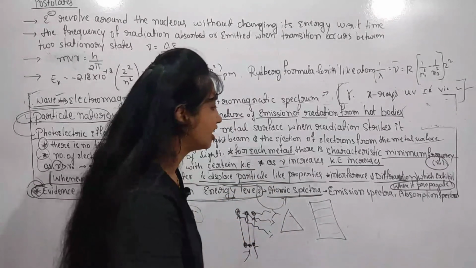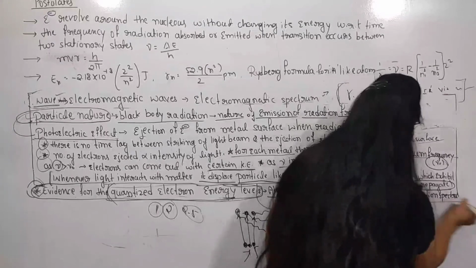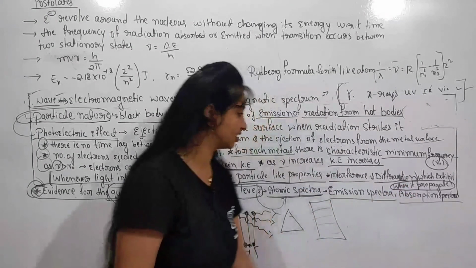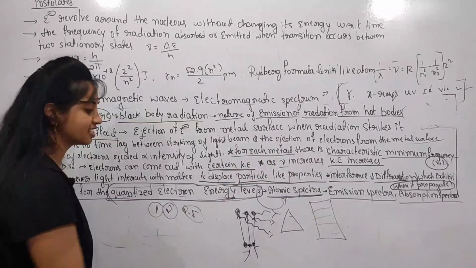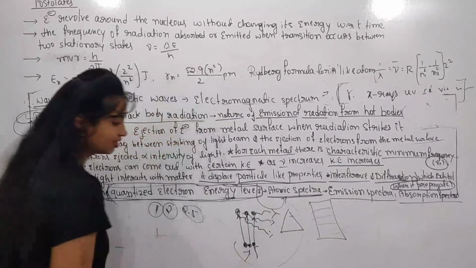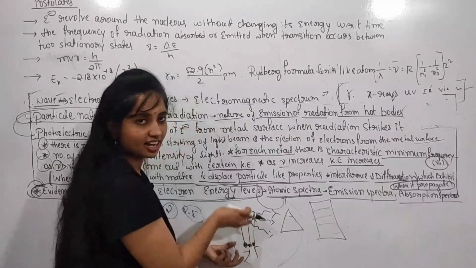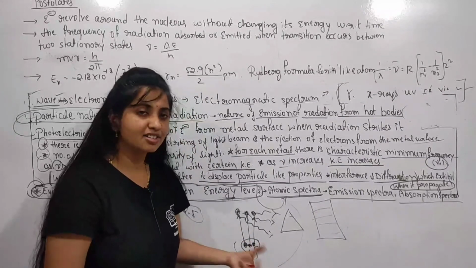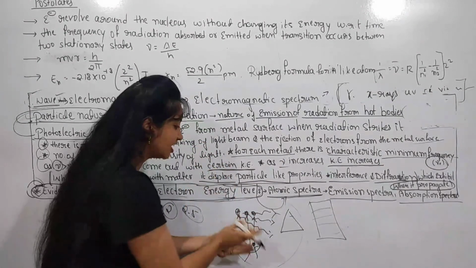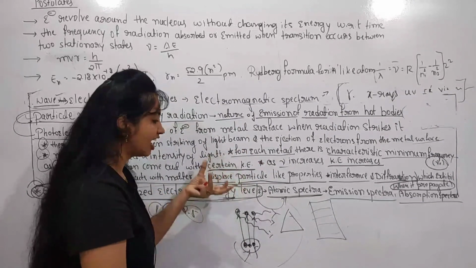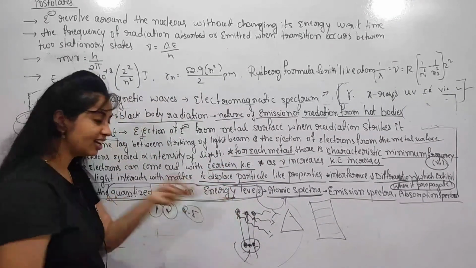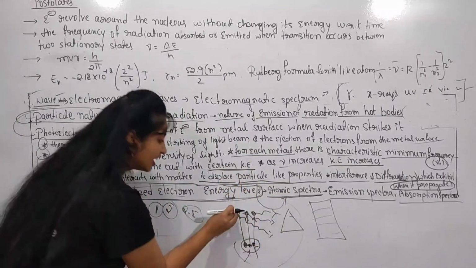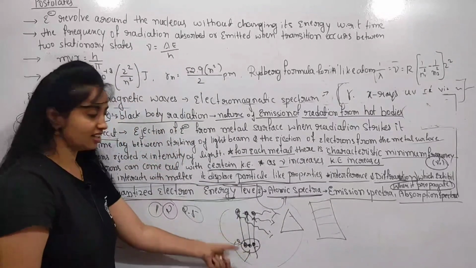Atomic spectra are of two types, the emission spectra and the absorption spectra. What do we mean by the emission spectra? I already explained it. When we apply extra energy to this atom, the electrons absorb that energy and jump to a higher level, where they are unstable. Again they emit radiation, lose the energy, and come back to their original position.